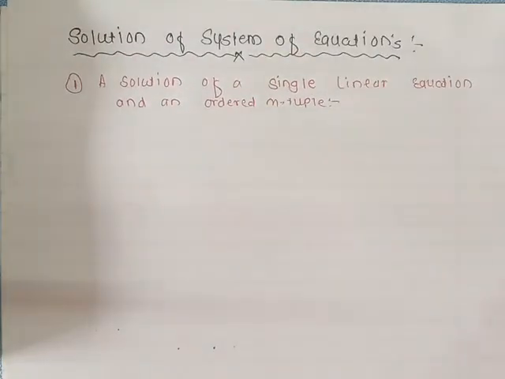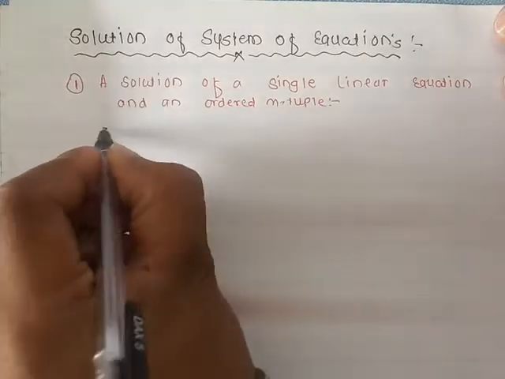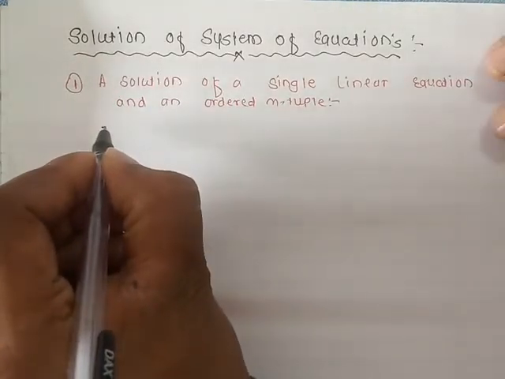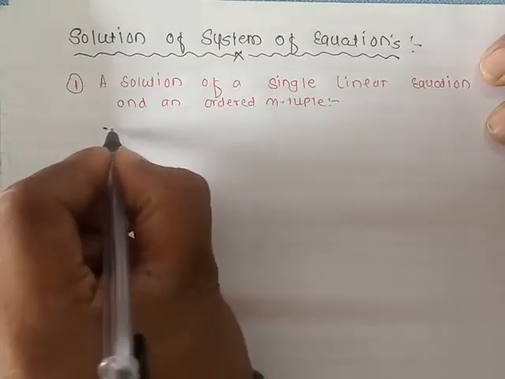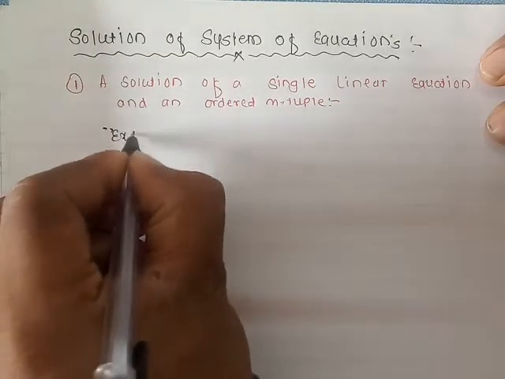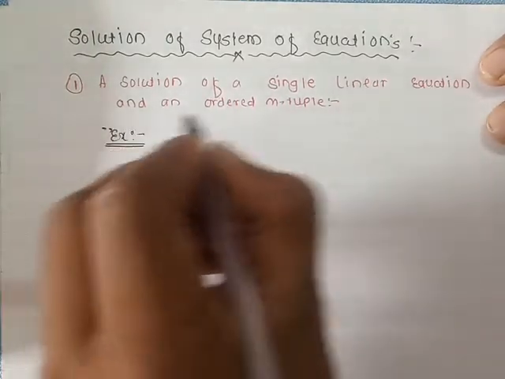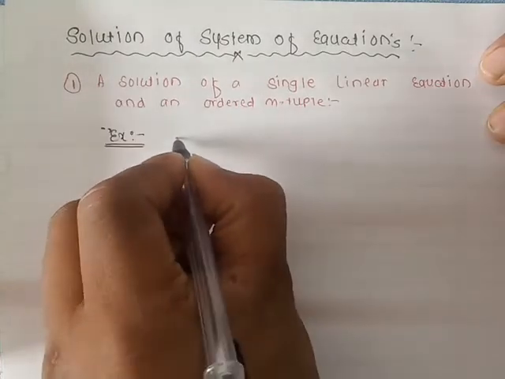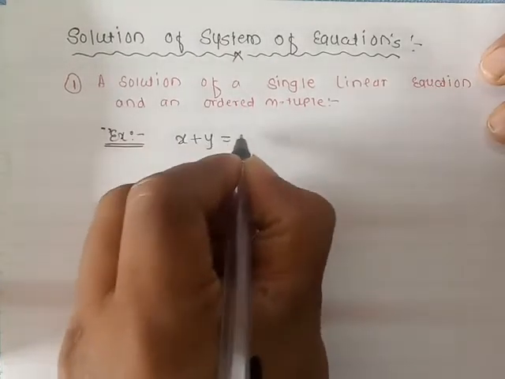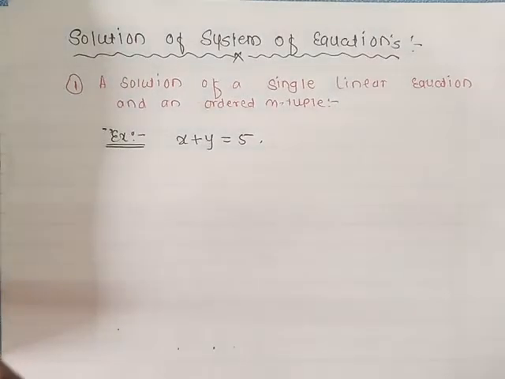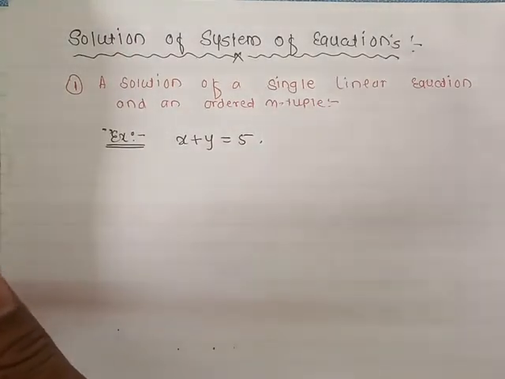समजतंय का? तर सिंगल इक्वेशन तुमच्याकडे आहे समजा, फॉर एक्झाम्पल, suppose x plus y is equal to 5 is an equation. It contains only one equation and two unknowns.